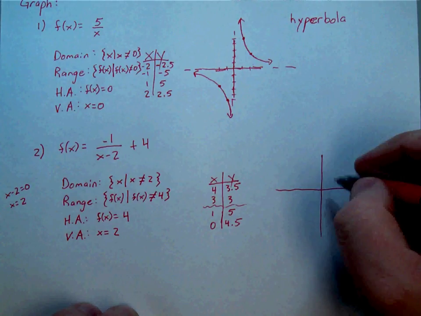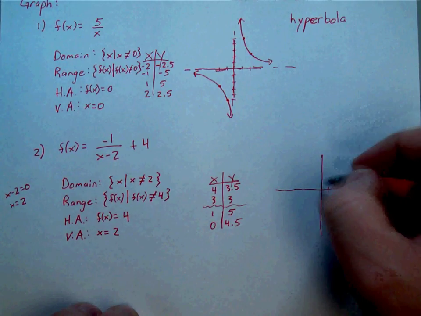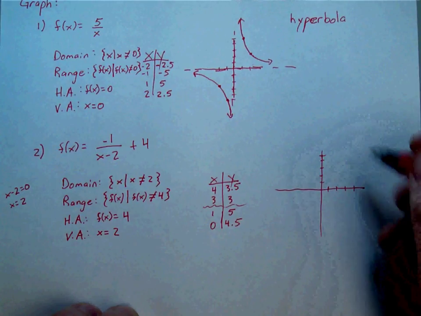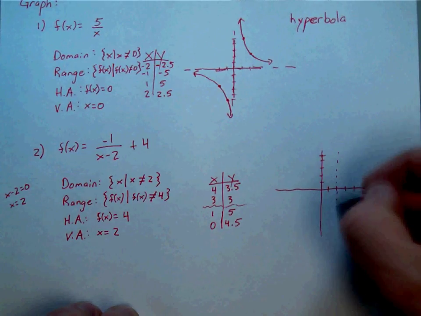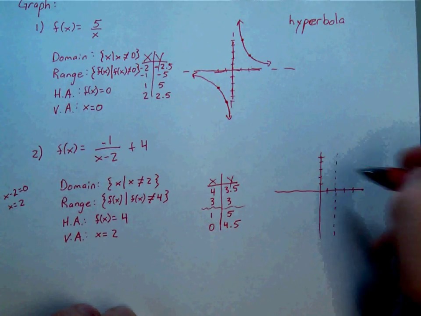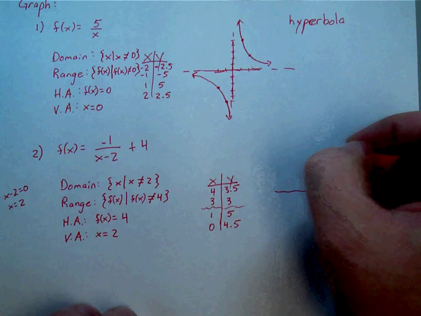So if I graph this, at x equals 2, I've got this asymptote. At y equals 4, I have a horizontal asymptote.